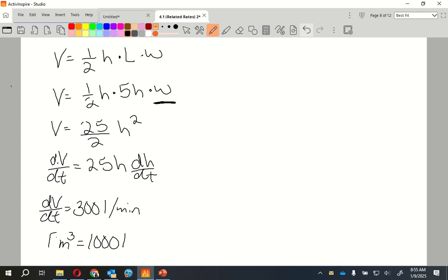So what we need to do is convert my liters into meters cubed. I don't know if you guys have done these conversions since like 7th or 8th grade. It's been a hot minute. Okay, so watch this.